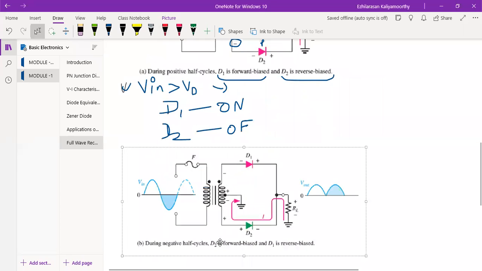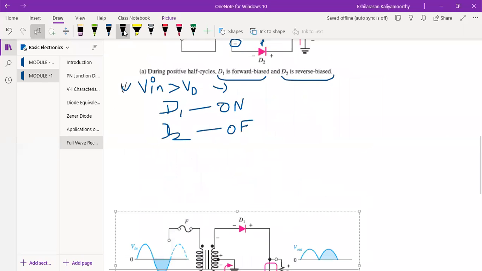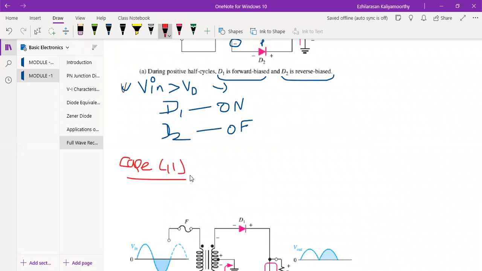See, this is for case 2, I can say. Let me write it in this way. Case 2 means the negative cycle.